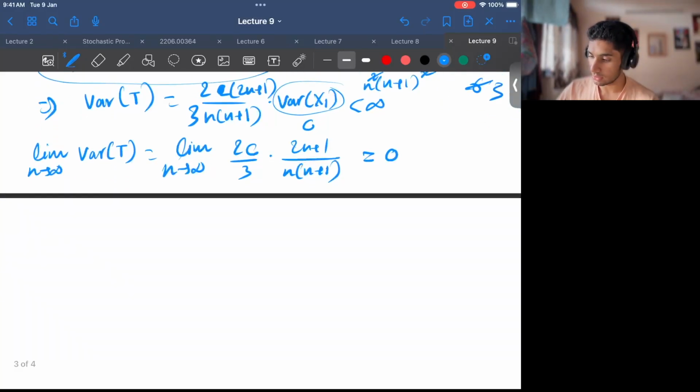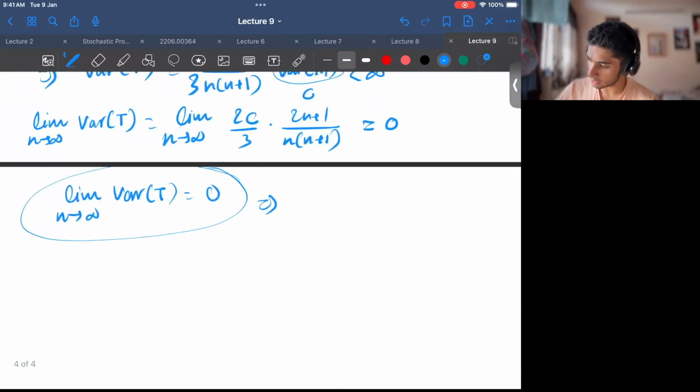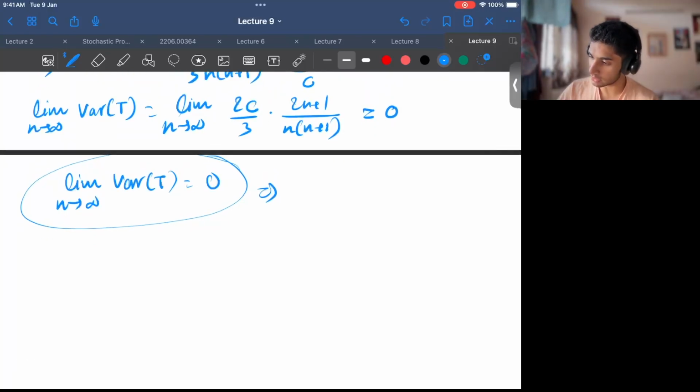So the limit as n tends to infinity of the variance of t is equal to 0. This implies that the estimator is also consistent.